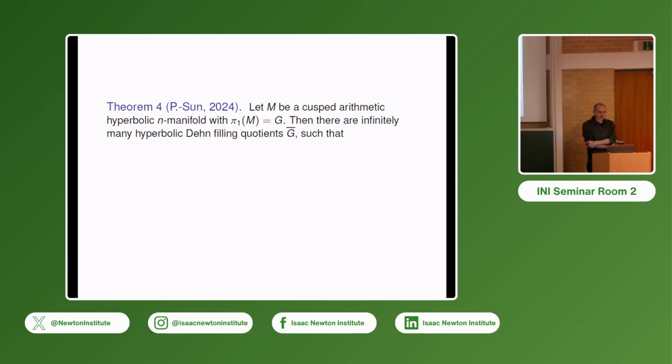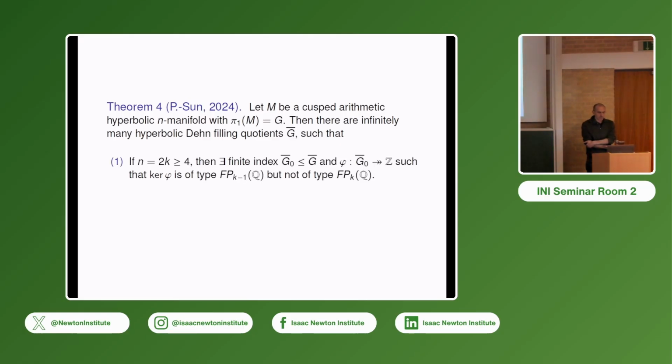You take a cusped arithmetic hyperbolic n-manifold, then there are infinitely many hyperbolic Dehn filling quotients of its fundamental group, such that if the dimension is even and greater than 4, it virtually fibers up to the middle degree minus 1, but not the middle degree, so FP_k.